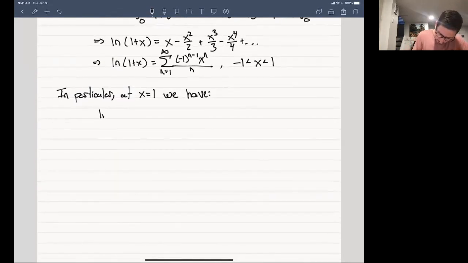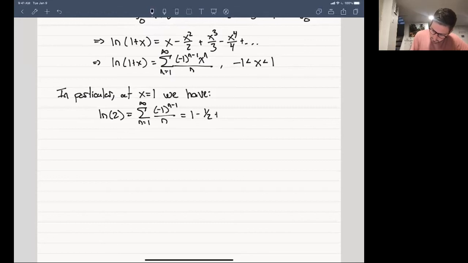We have ln of 2 on the left-hand side, ln of 1 plus 1. And on the right-hand side, the sum from n equal 1 to infinity of minus 1 to the n minus 1 divided by n, which is 1 minus a half plus a third minus a quarter plus a fifth, and so on. What is that? It's the alternating harmonic series.